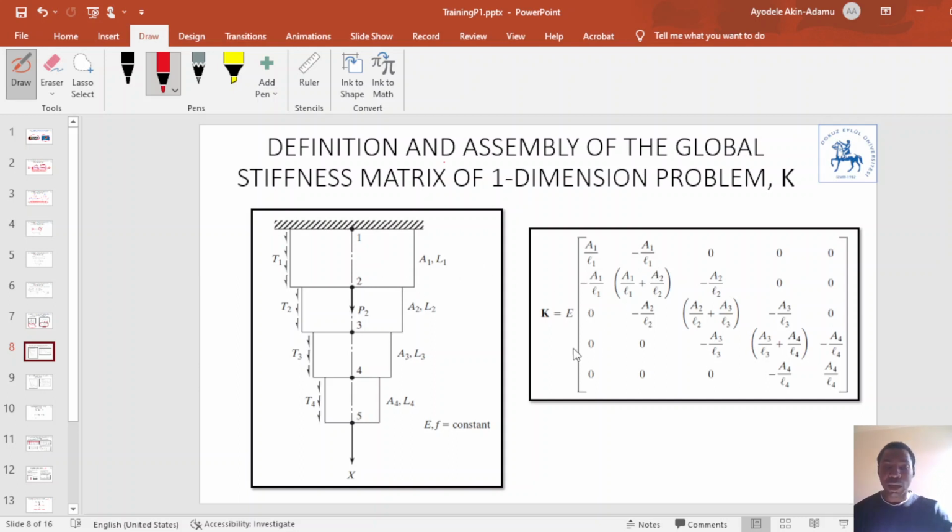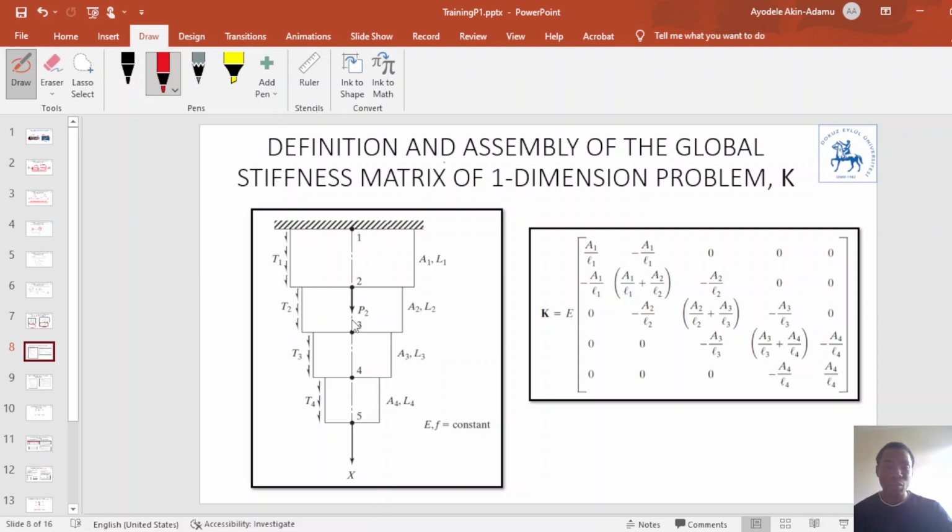I'm going to explain how to assemble the global stiffness matrix using this image on the left-hand side. This image is actually a body that is loaded at node 2, and it is supported at the top, node 1.